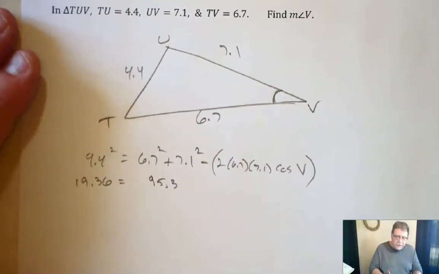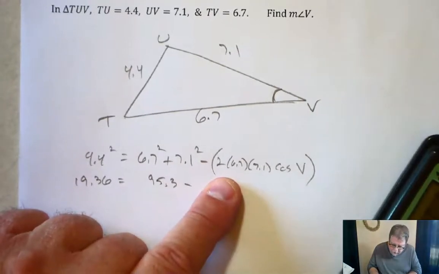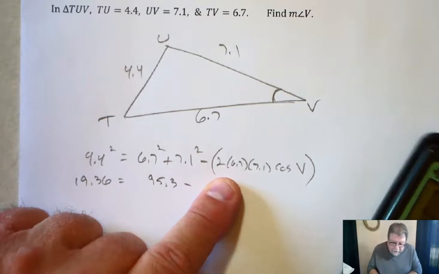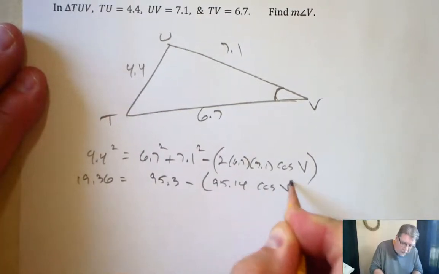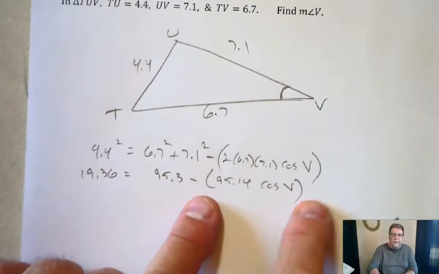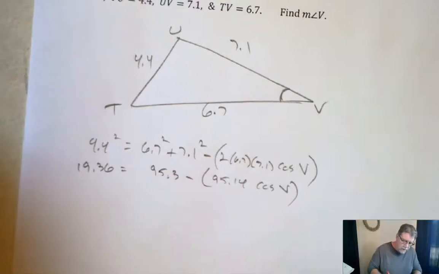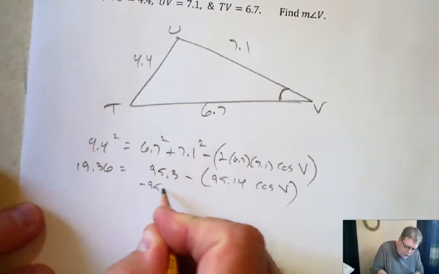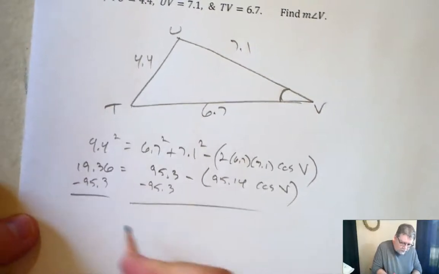If you don't use parentheses, you might get this part wrong. Let's go ahead and multiply these together. 2 times 6.7 times 7.1. That's 95.14 times the cosine of V. If you didn't put parentheses there, you might tend to combine these two next. Please don't do that. We want to subtract 95.3 from both sides.